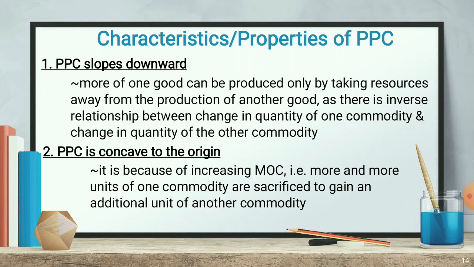Whether marginal opportunity cost rises, falls, or stays constant, only that is responsible for the shape of the production possibility curve. Here, why is it concave to the origin? Because marginal opportunity cost is rising. It means that more and more units of one commodity are sacrificed to gain an additional unit of another commodity. That's why PPC is concave to the origin.